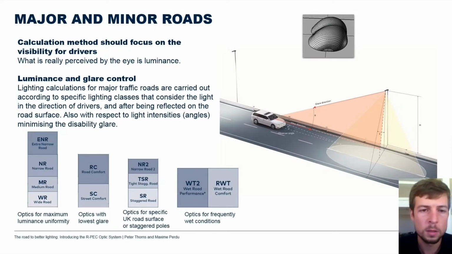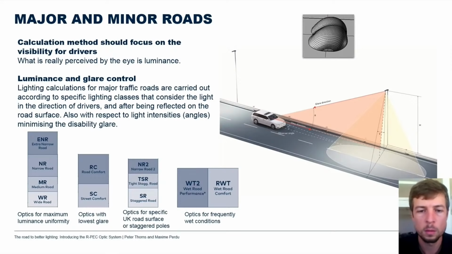We can quickly summarize that the eye perceives luminance. So it implies that the light which is reflected by the road needs to be taken into account in the design process. Let's have a look at the chart, the graphic on the right-hand side. You can see there are two sources of luminance.